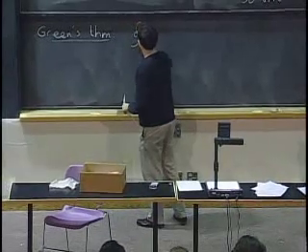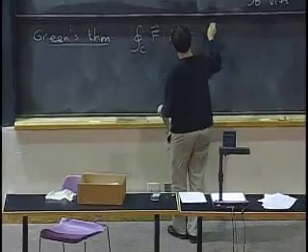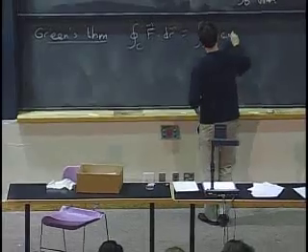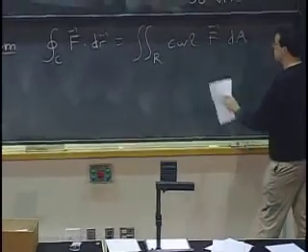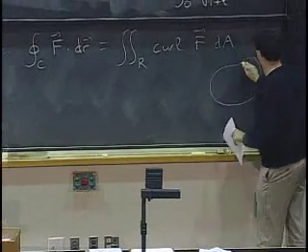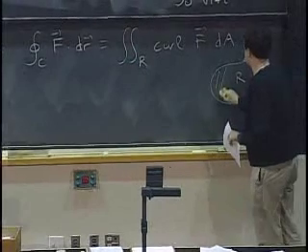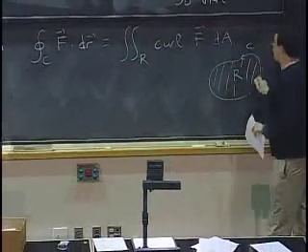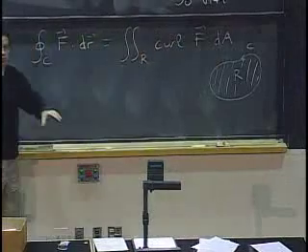So the one for work says this, and you should remember that C is a closed curve that goes counterclockwise, and R is the region inside.